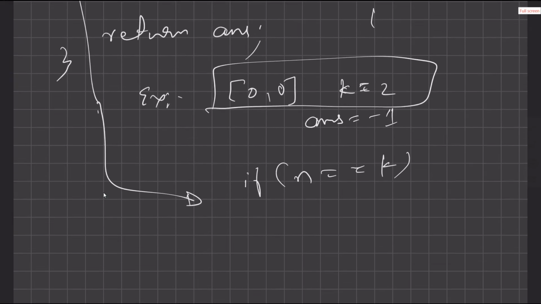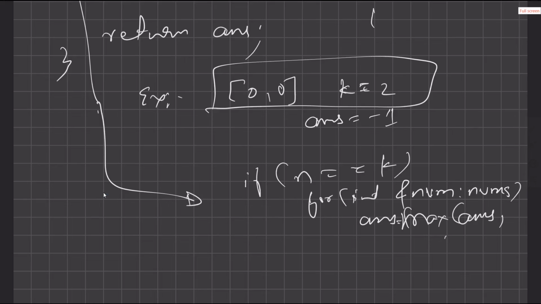So you'll be looping over your vector nums, and your answer is going to be max of answer comma num, and at the end you need to return this answer.